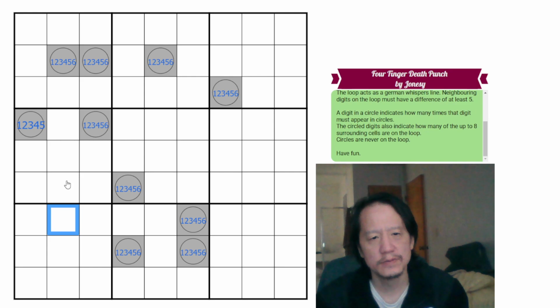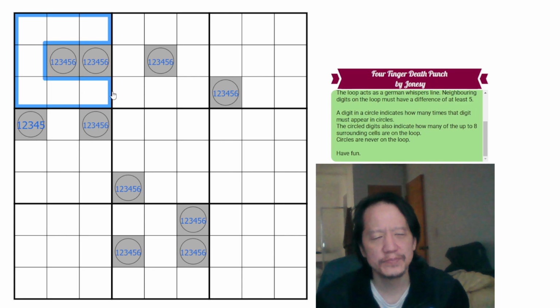That's possible. It must touch one of these two, so it either goes in here or it goes in here, I think. It could go something like this, actually, and then this goes out that way.